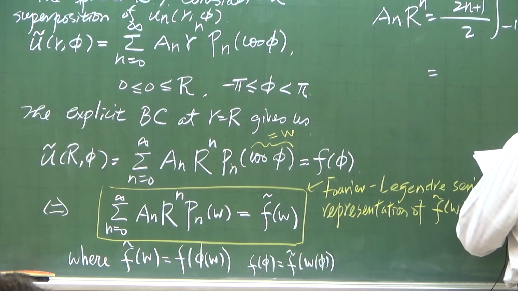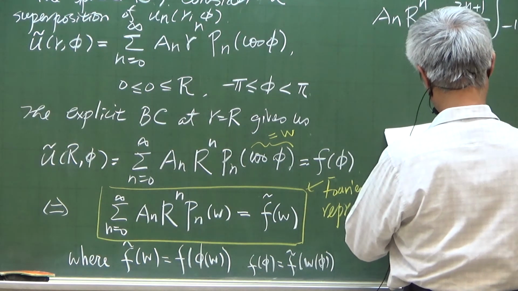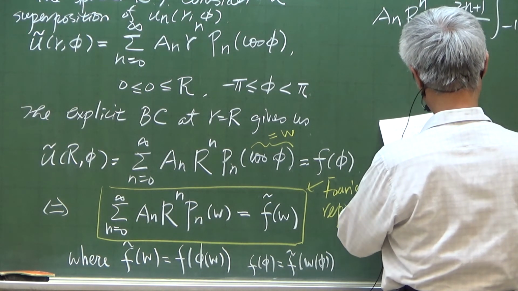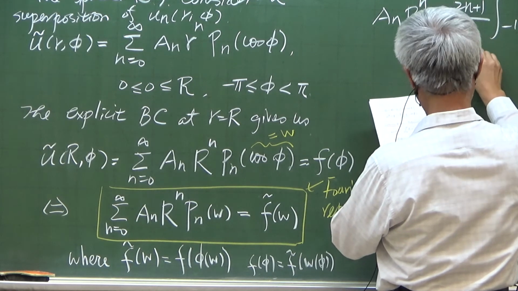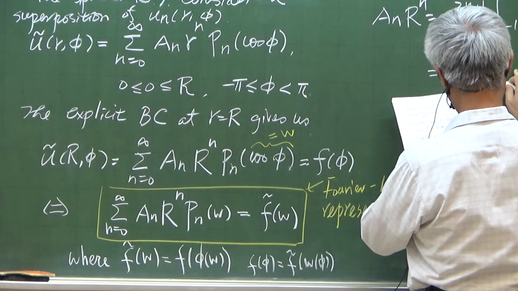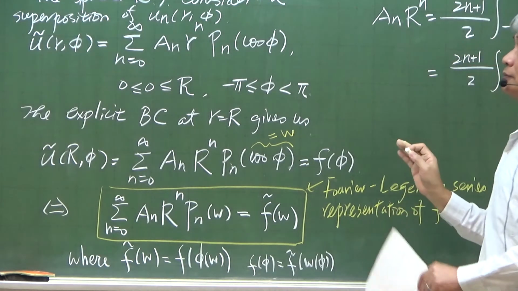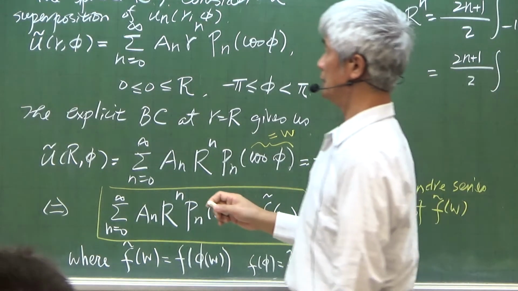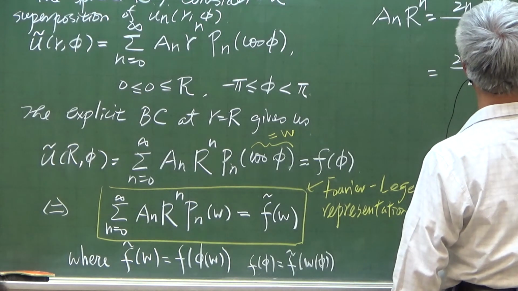Okay? So we have 2n plus 1 divided by 2, and phi is from 0 to pi.